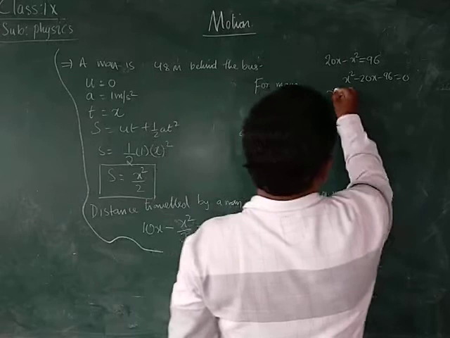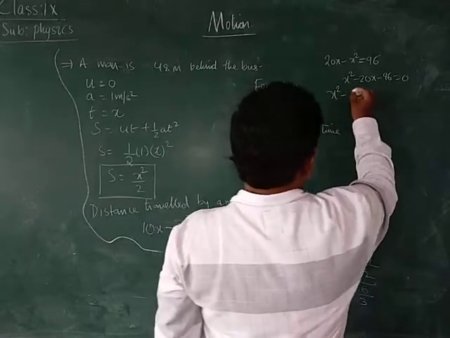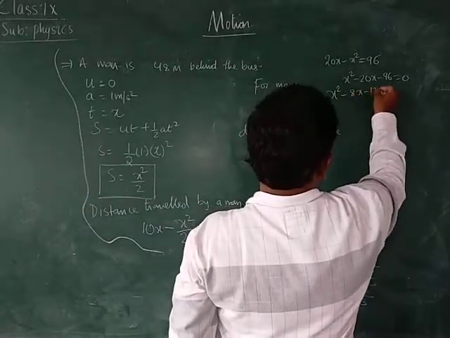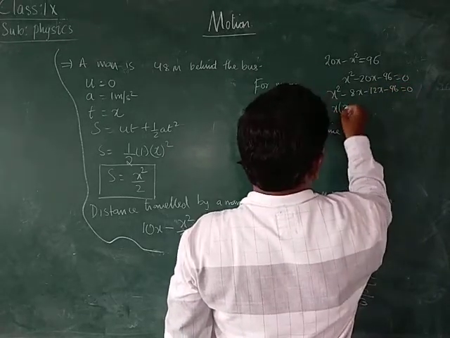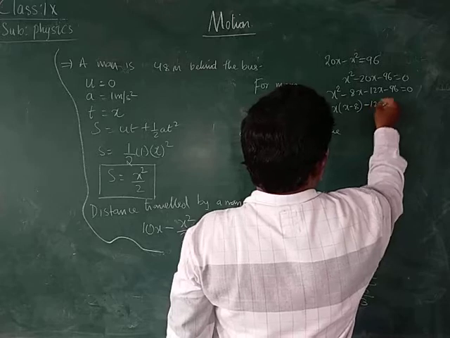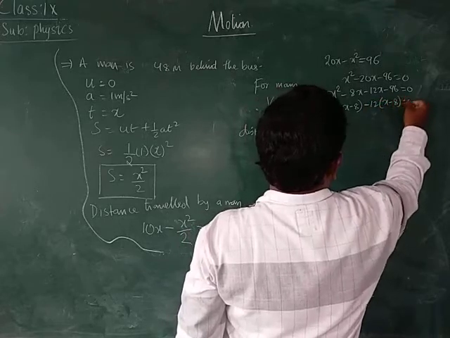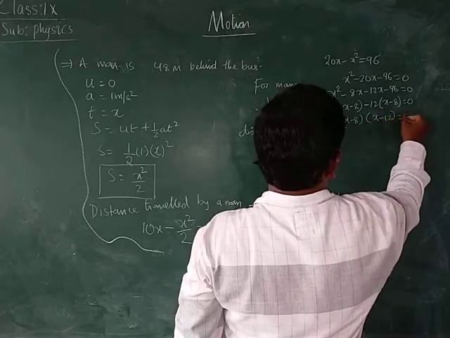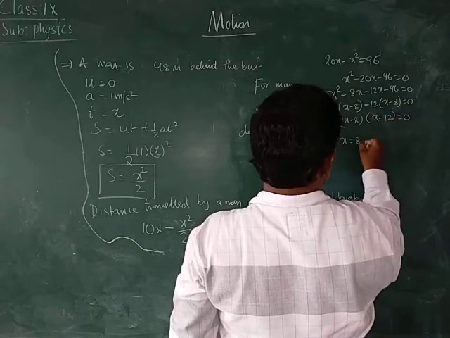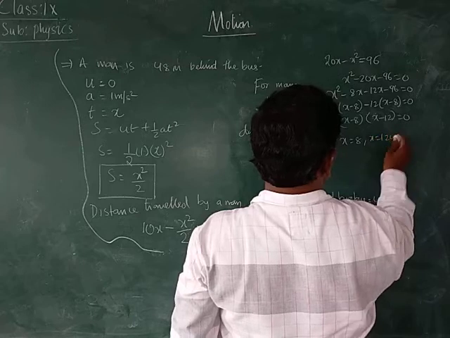Therefore, we can write it as x square minus 8x minus 12x plus 96 is equal to 0. Therefore, x into x minus 8, minus 12 into x minus 8, that is x minus 8 into x minus 12 is equal to 0. Here x is equal to 8, x is equal to 12.